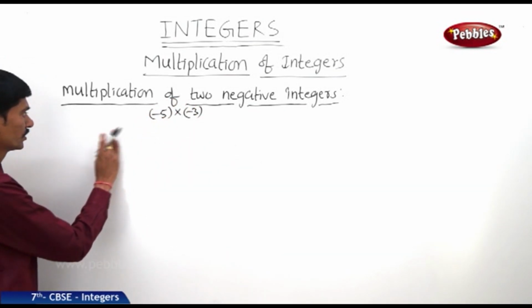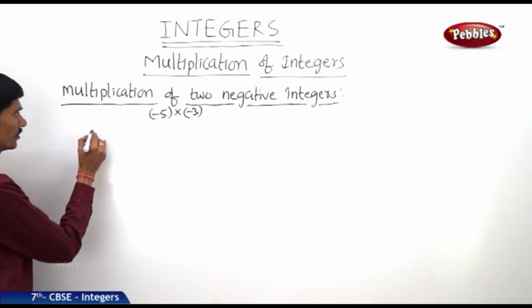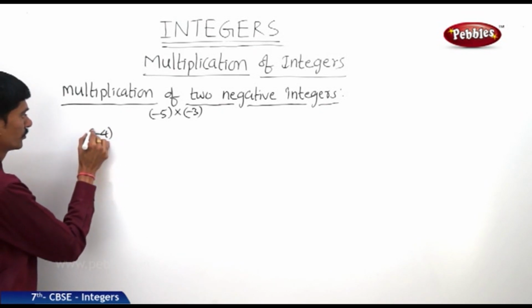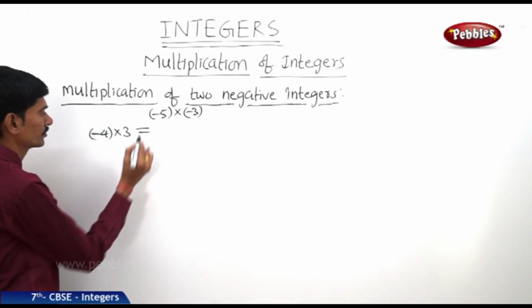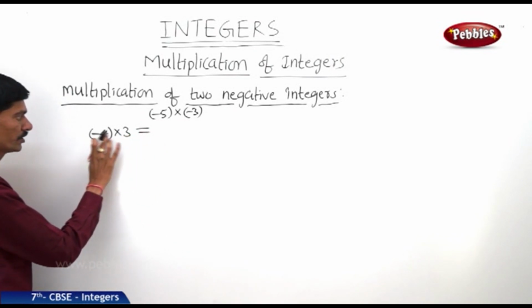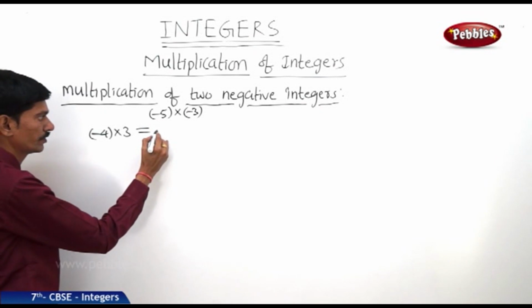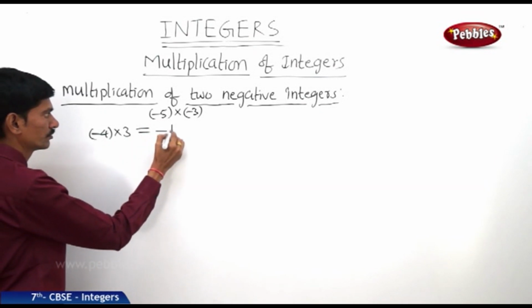Now let us take a multiplication case, minus 4 into 3 equals to, so when you multiply a negative integer with a positive integer, then we get again a negative integer. 4 3s are 12.